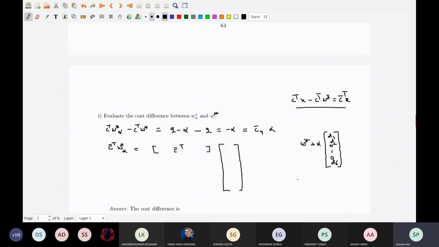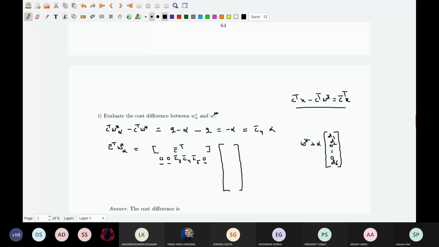And what is this? C bar transpose. I remember that in C bar transpose, the basic parts are zeros. Then you will have C bar third entry, C bar fourth entry, C bar fifth entry, and another basic part, because C bar has this kind of structure. So when I multiply this with W star alpha, the basic part will die.